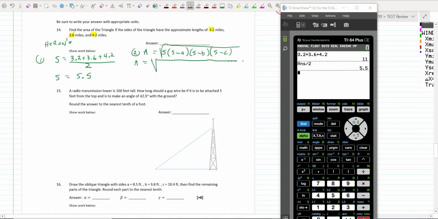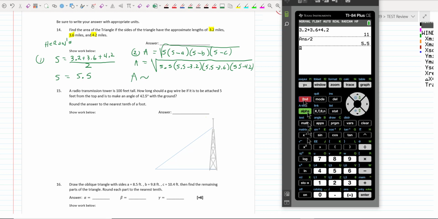To get this set up, the semi-perimeter is 5.5. Then you'd do 5.5 minus a side, 5.5 minus another side, and then finally 5.5 minus 4.2. Then you can put that in your calculator in one step if you want to, and that's what I'd do, just let the calculator take over. So put in the square root symbol, not the 10 symbol.